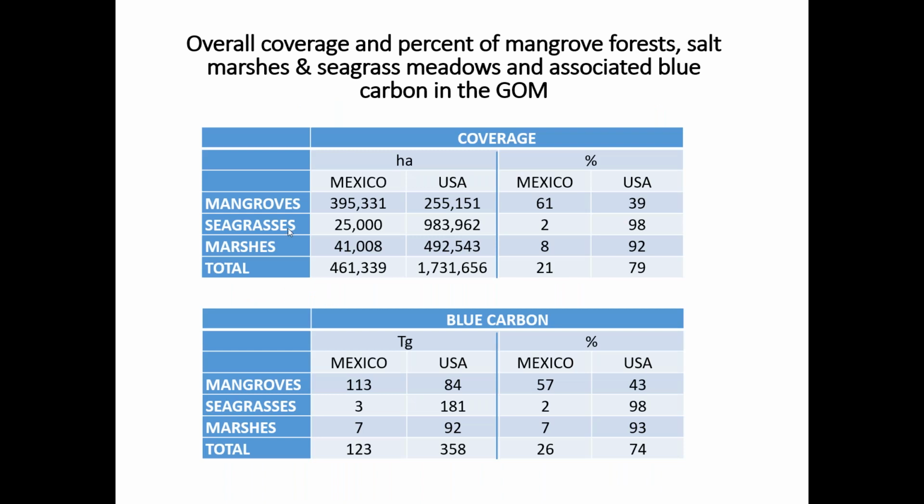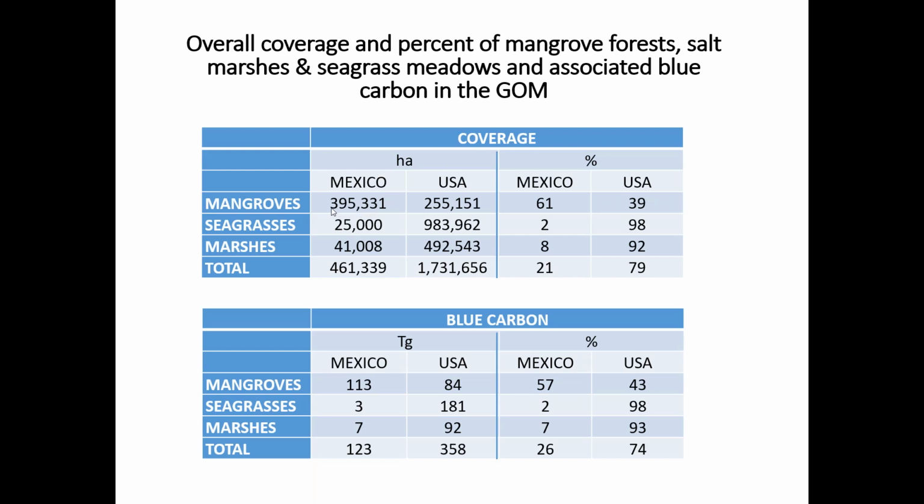And overall, we can then calculate the percentage of cover of the three vegetation ecosystems, and of course biological ecosystems in general, that we have sampled up till now, which are the mangroves, the seagrasses, and the marshes.